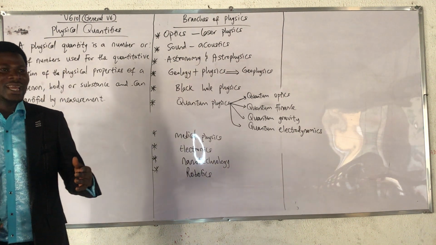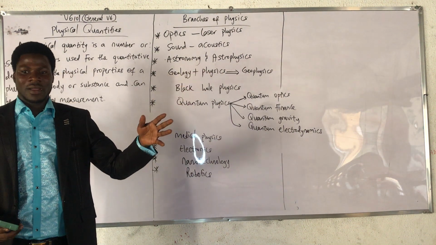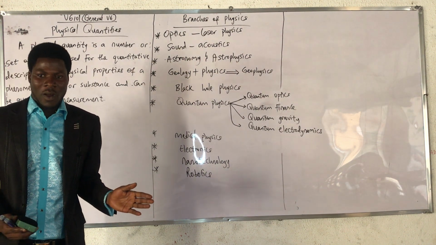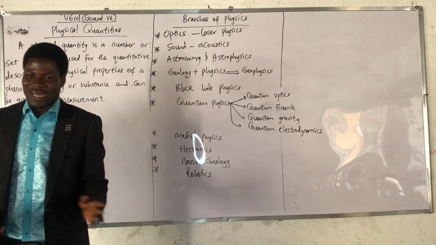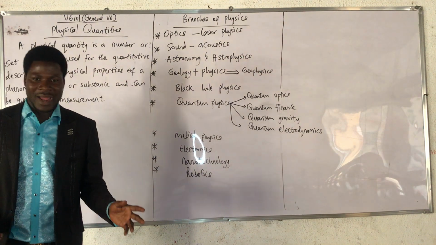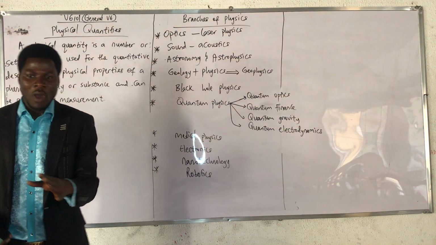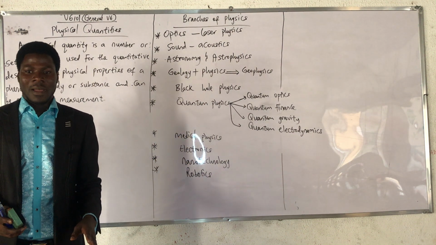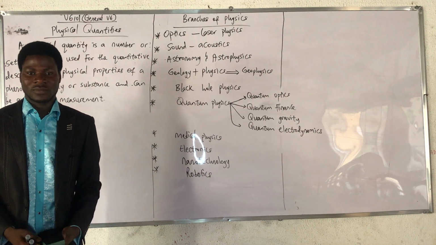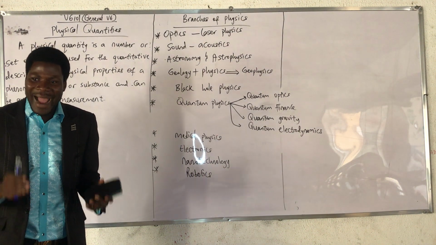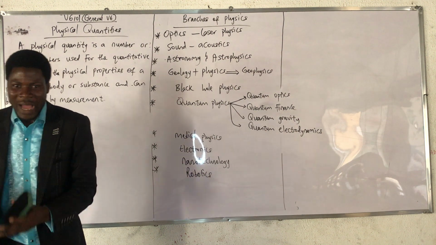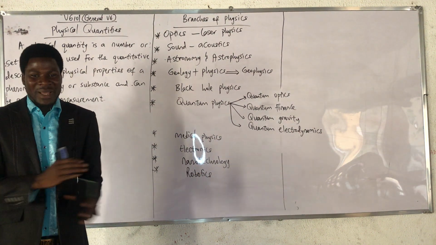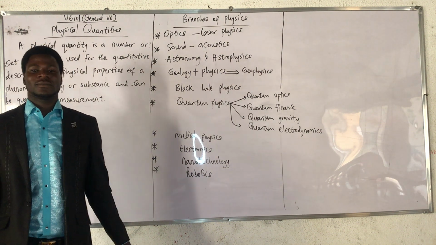Though the psychologists might have their own way of determining the degree of sadness or emotional stuff by studying the person. But physicists can't help you, because anything we cannot measure using apparatus, we don't have any business with it. That's why physics is basically called the science of measurement.